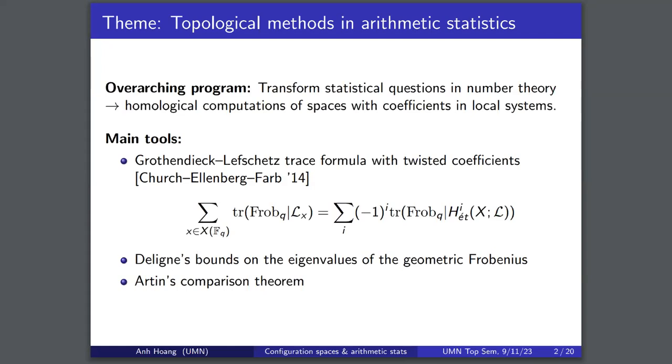So you can talk about the trace of Frobenius at that point on the stalk at that point. And what the Grothendieck-Lefschetz trace formula tells you is that if you take this sum over all F_q points in X, then the sum of the trace of Frobenius on the stalk of the local system can be computed by an alternating sum of the trace of the geometric Frobenius on étale cohomology.